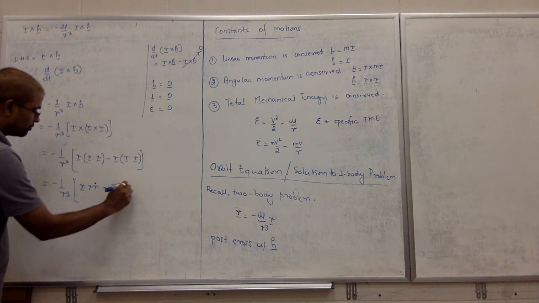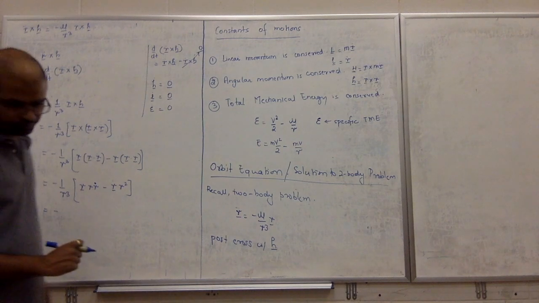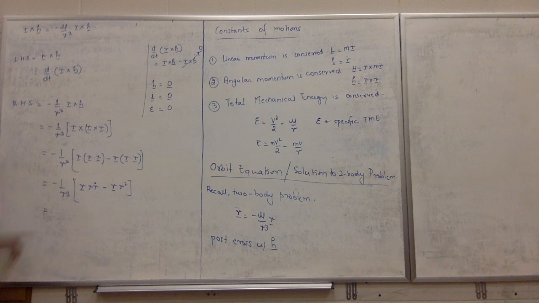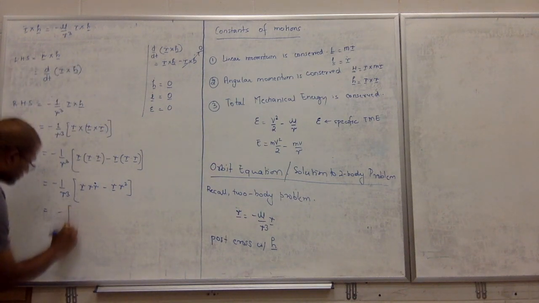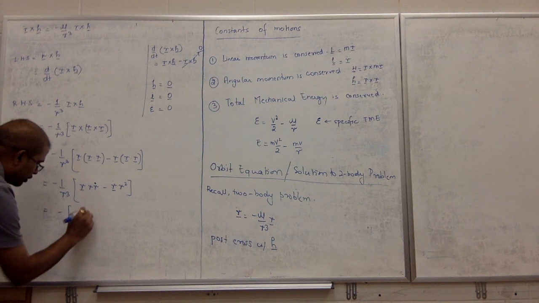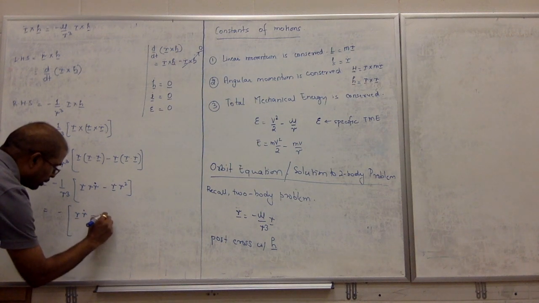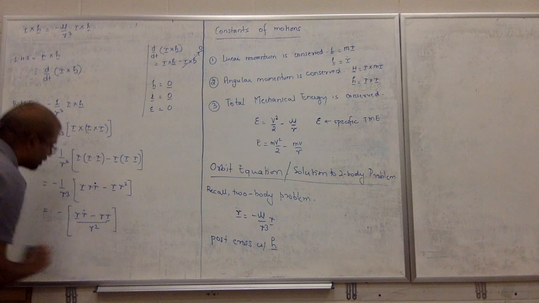So this I can write as minus 1 over r cube times r square r dot minus r dot r.